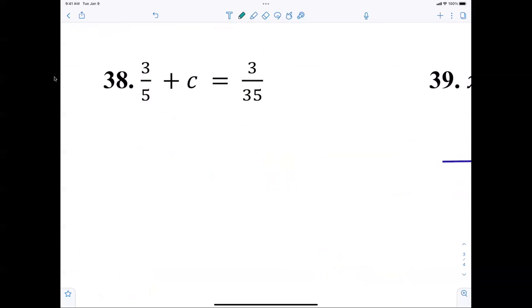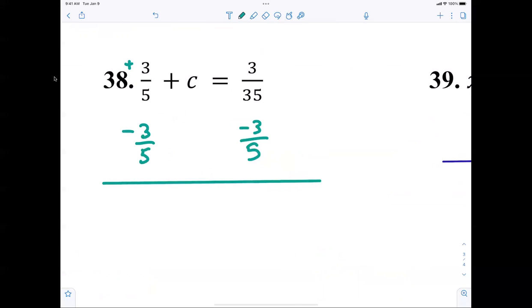Now again, this is a plus 3/5, so I have to do what? Minus 3/5. All right, this is a really good problem, so I want everybody paying attention. So common denominator would be what? 35. So I have to multiply the second fraction by what? 7. So that becomes negative 21 over 35.